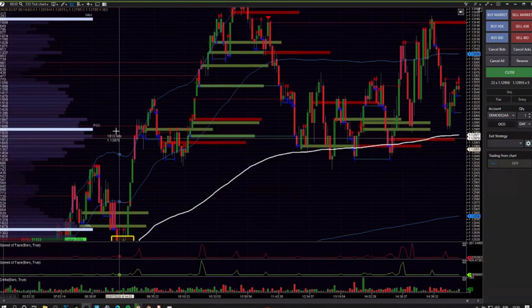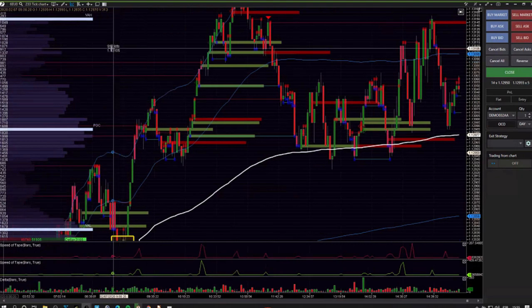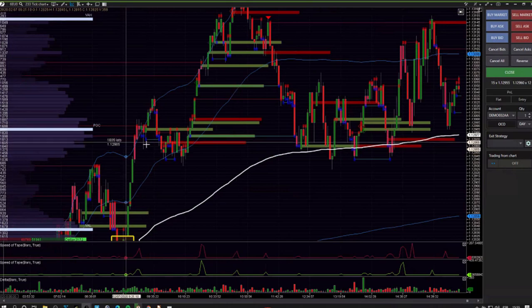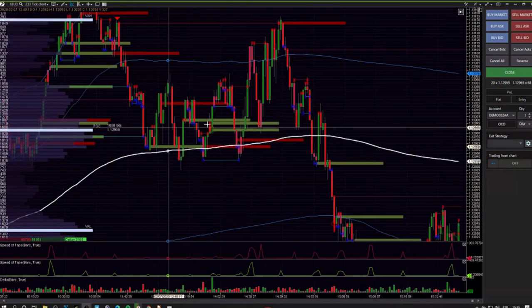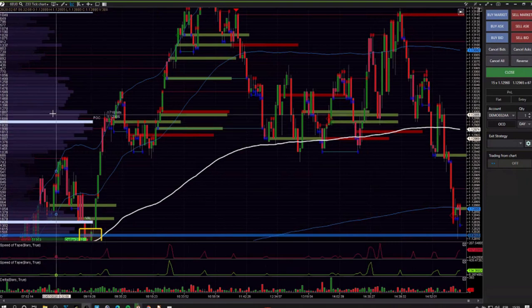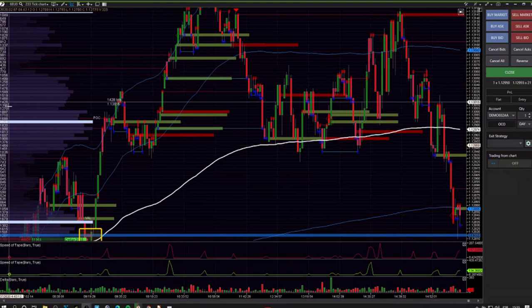If we look at today's session, the point of control was here, on this price level. You can see how price rotates around the point of control, because on the left there are thousands of contracts, thousands of lots, traded in this small area.